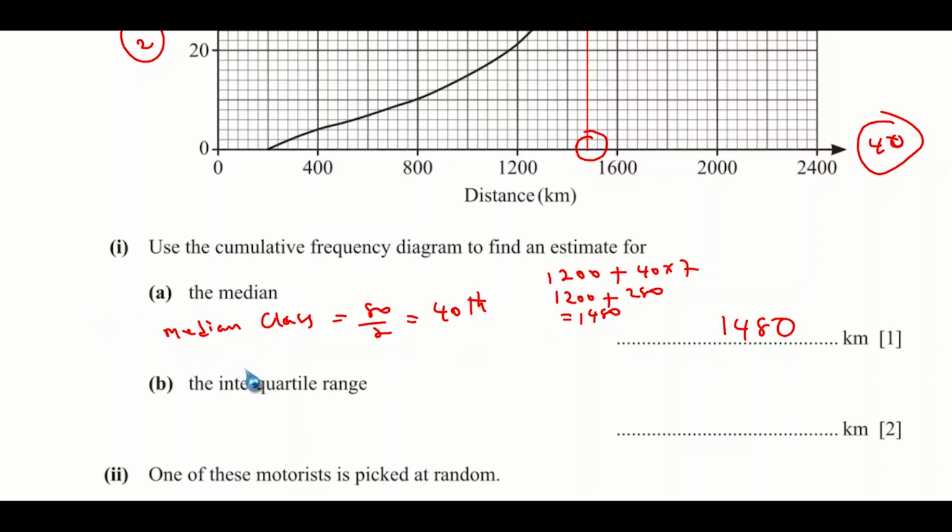Now the interquartile range. The interquartile range is equal to Q3 minus Q1. Q3 is 3 over 4 of 80, so that's the 68th.